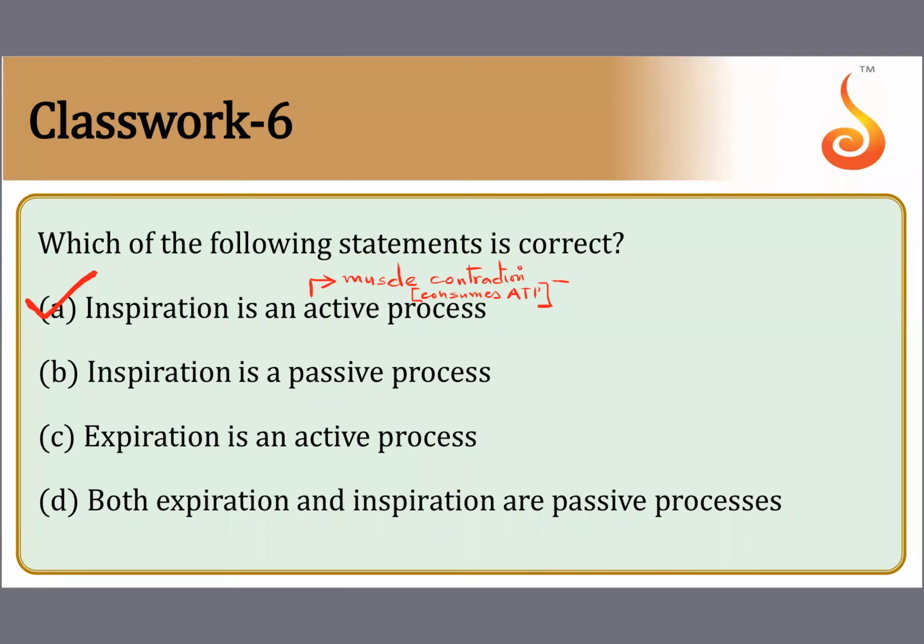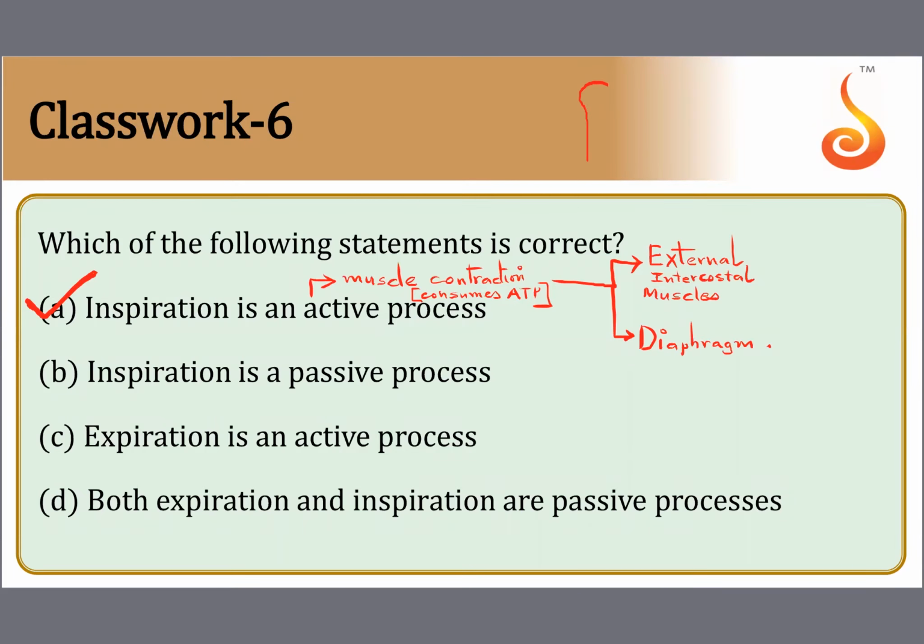Which are the muscles that contract during inhalation? You have muscles present between your ribs. They are called the external intercostal muscles. The muscles that run between your ribs are called the external intercostal muscles. And of course, the muscle present below your lung is your diaphragm. Both your diaphragm muscle and your external intercostal muscles must undergo contraction.